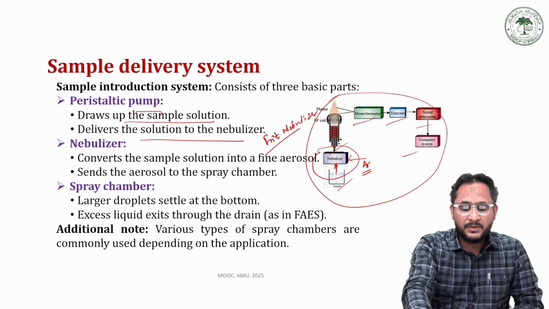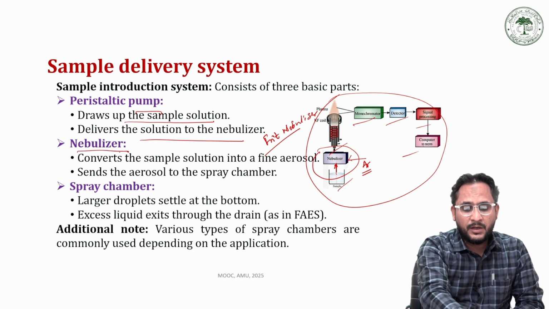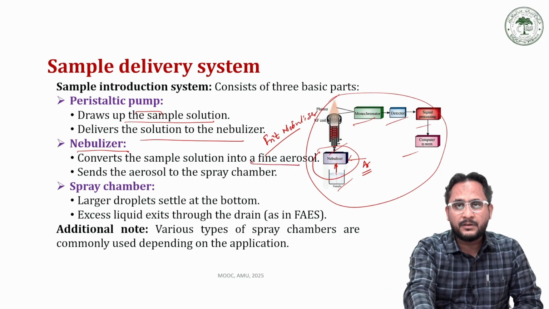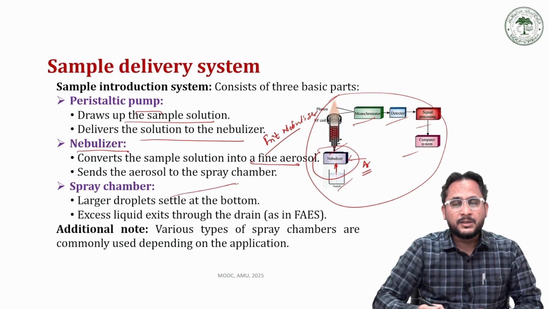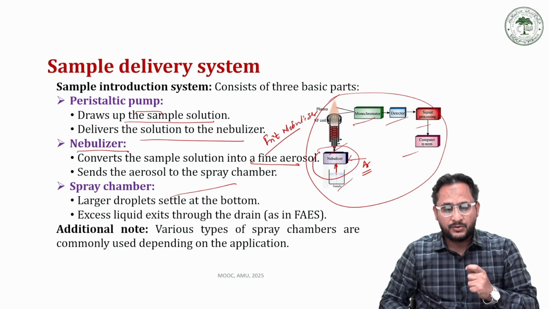So the peristaltic pump sucks the sample and pushes it into the nebulizer, where it is converted into fine aerosol with the help of our inert gas, argon, and then it is sprayed into the atomizer or the excitation source.